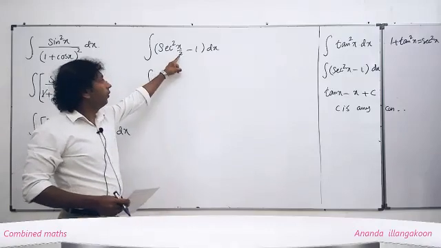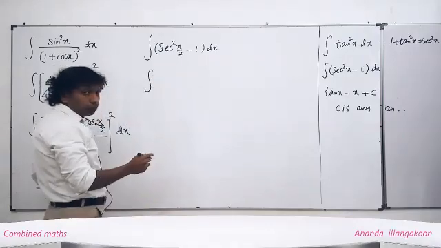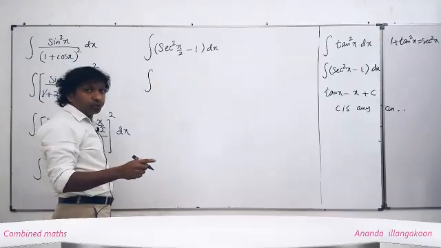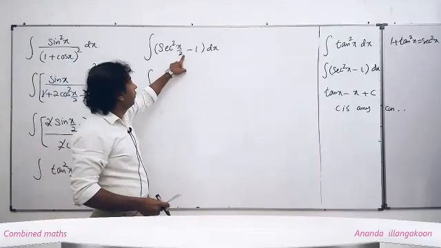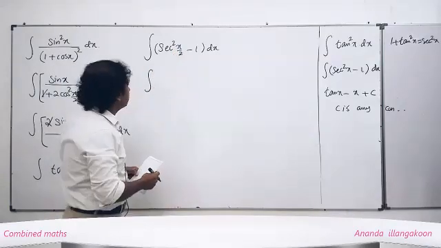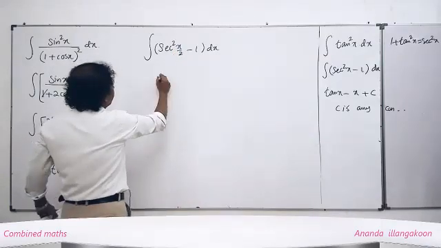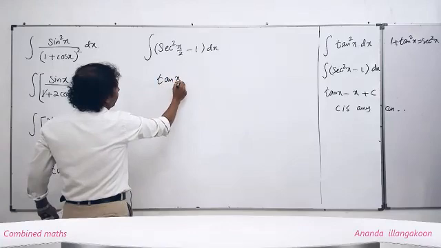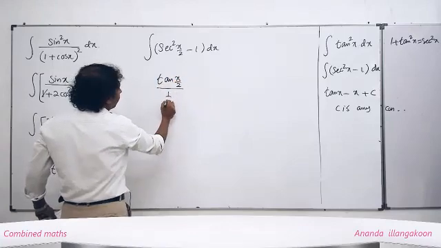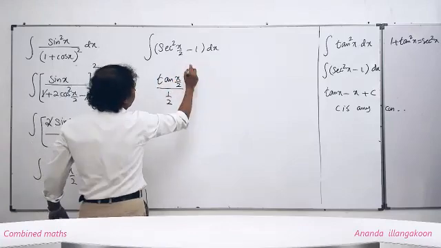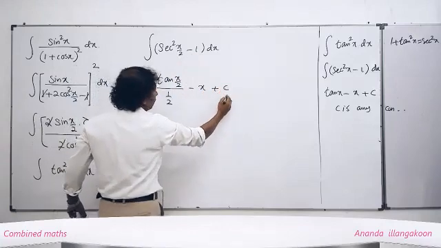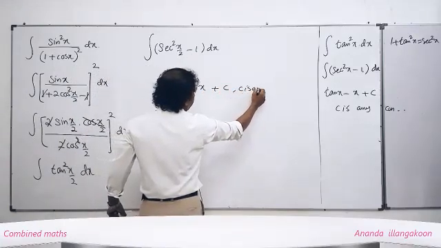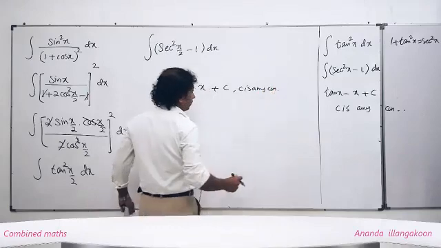But here we have x by 2, then tan x by 2 divided by the x coefficient. What is the x coefficient here? The x coefficient is half. Then this answer is tan x by 2 divided by half, minus x plus c, c is any constant, right?